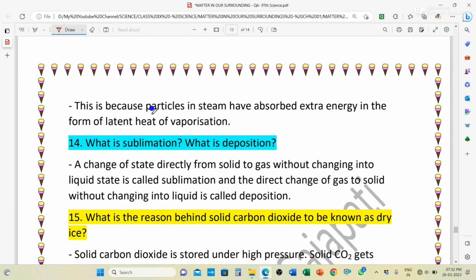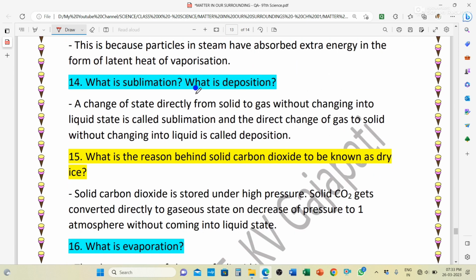Particles in steam have absorbed extra energy in the form of latent heat of vaporization, because the amount of heat that is being absorbed to change the state from liquid to gas is called latent heat of vaporization. It is only being absorbed, but it does not increase the temperature. It only helps to change the state from liquid to gas.